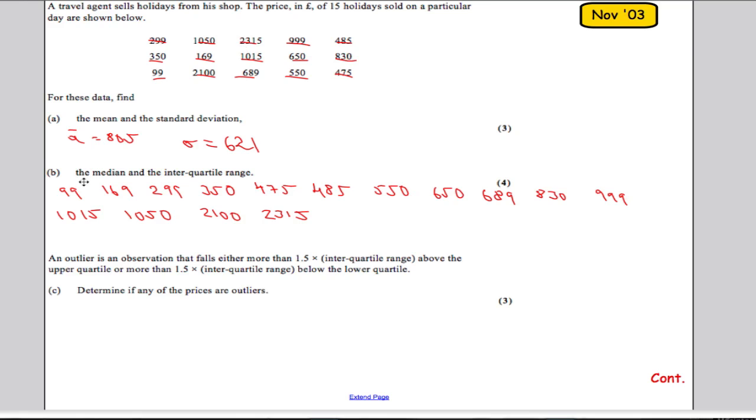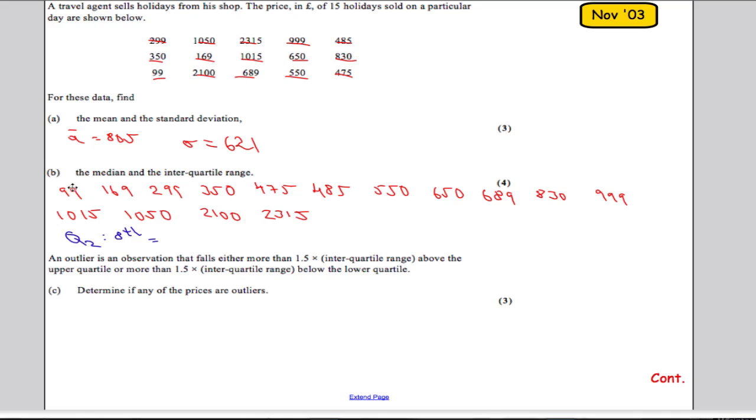Okay, let's just check this 15 here. 1, 2, 3, 4, 5, 6, 7, 8, 9, 10, 11, 12, 13, 14, 15. Excellent. The median Q2, if I've got 15 data points, that means Q2 is the 8th value.